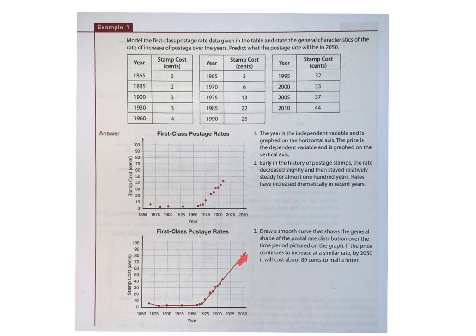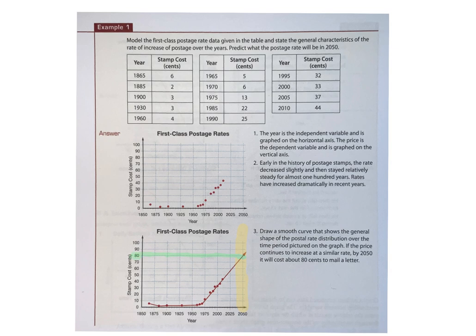And so if we were to assume what would happen then if it kept doing what it is doing right now, then what would it be in 2050? Well, we're just going to take the 2050 and we're going to go up. And then once we go up with the 2050, we are going to go over. And so we're going to say, well, at 2050, it crosses right there.